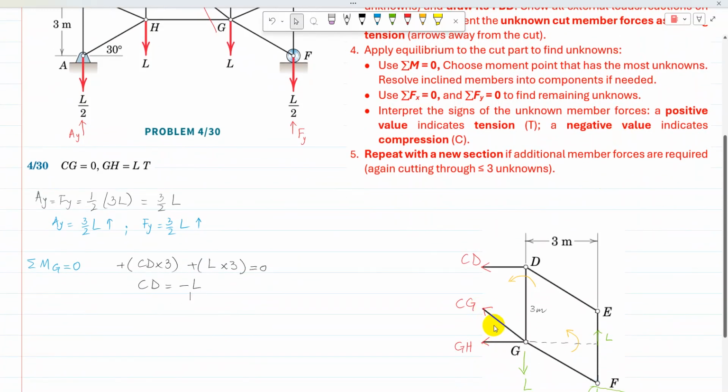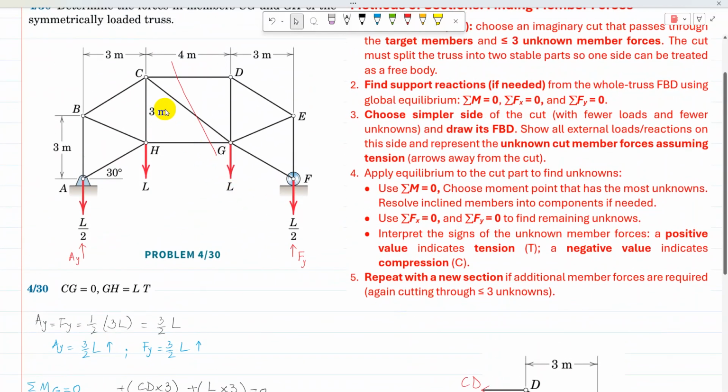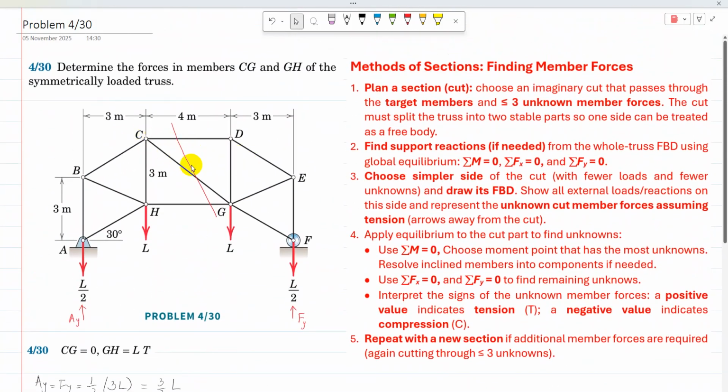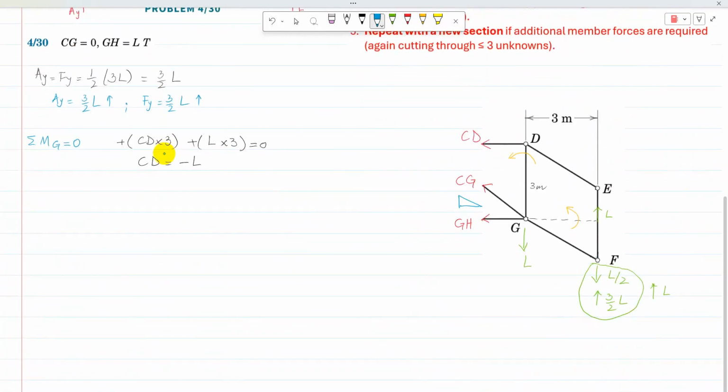So I need to find the angle of CG with horizontal. Instead of the angle, I am going to use the dimensions of the triangle. For CG, I can draw a right angle triangle with 3 as its vertical distance and 4 as its horizontal distance. The diagonal will be 5.